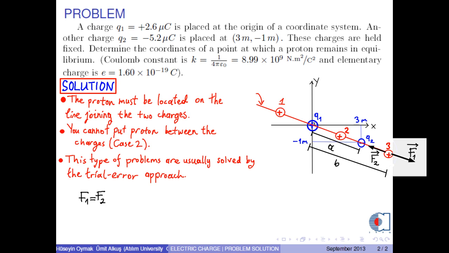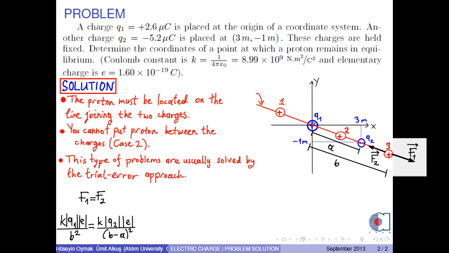F1 is found by the formula k times the absolute value of Q1 times the absolute value of the charge of the proton, that is e, over the distance between Q1 and the proton, that is b squared. And the magnitude of F2 is k times the absolute value of Q2 times e over the distance between the proton and Q2, that is (b minus a) squared.